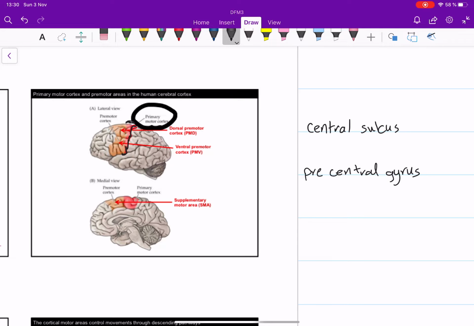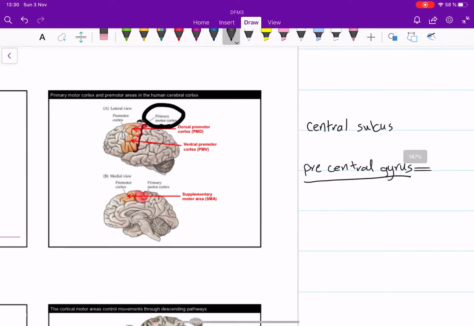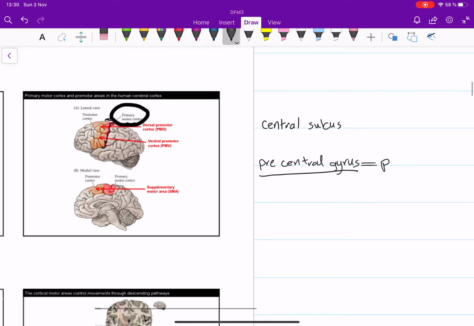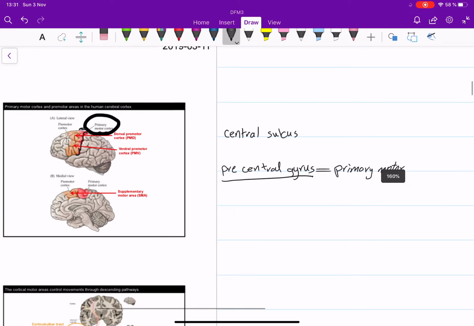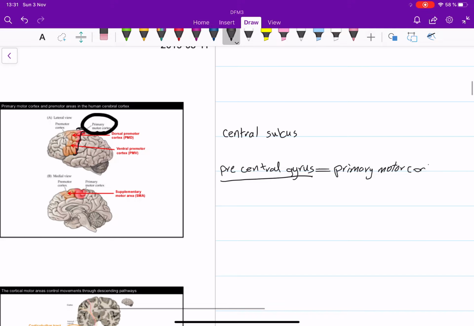The precentral gyrus is an anatomical name, but what is the physiological name to this area? The physiological name is primary motor cortex, or we can call it PM1, primary motor cortex.